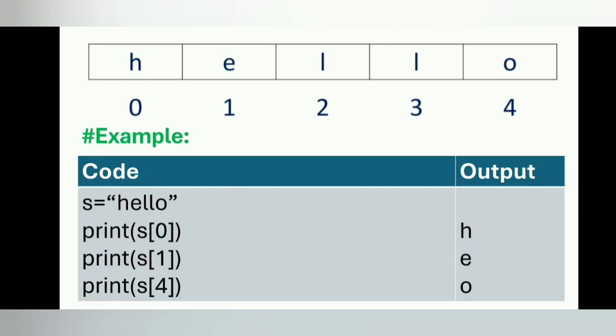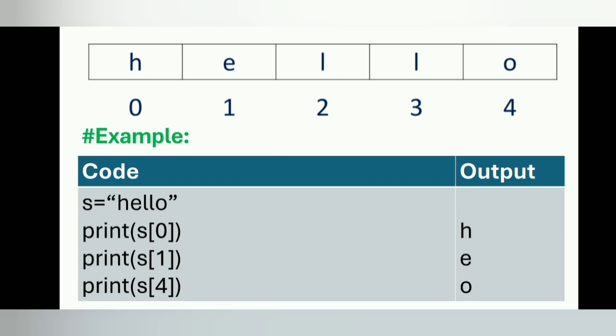Example. In this example, string hello is assigned to the variable s. If you specify an index, you will get the character at that position in the string. The first print statement, print s[0], will display the first character in the string, that is h.